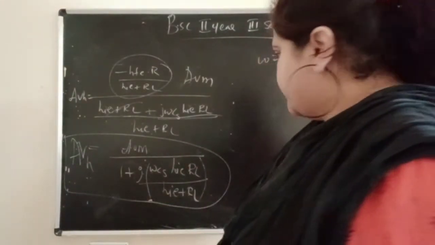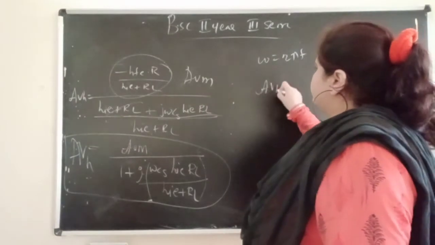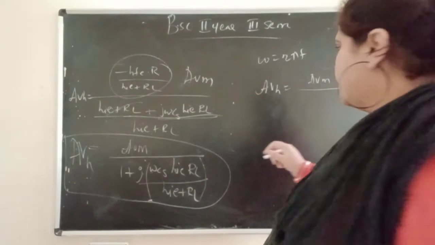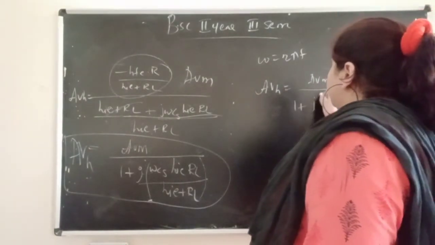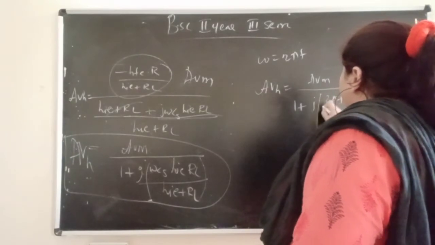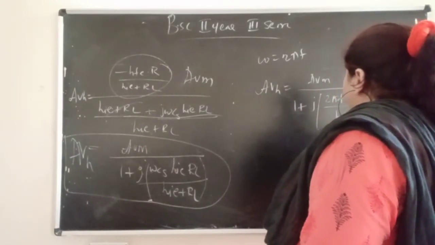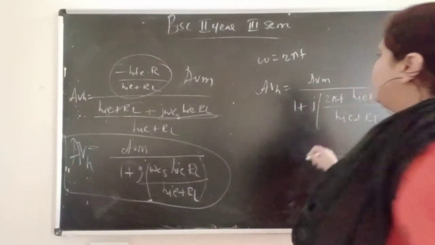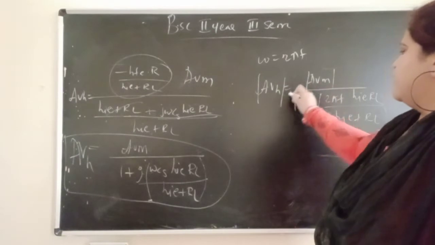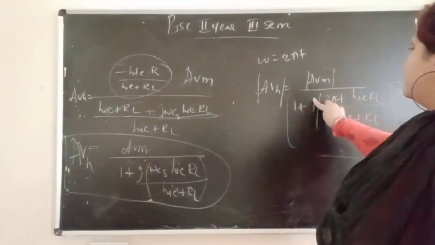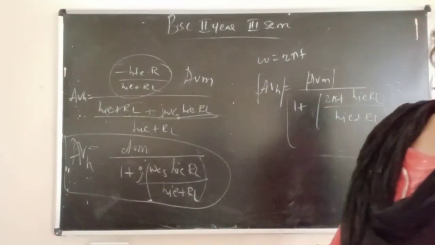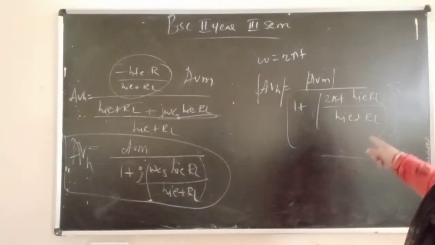Instead of omega we substitute, so AVH equals AVM, substituting the value of omega: 1 plus j of 2 pi f Cs HIE RL by HIE plus RL. Now I will take the mod of this equation. This is also a mod, which means this will become a square. J will go when it is squared, and we will get this.